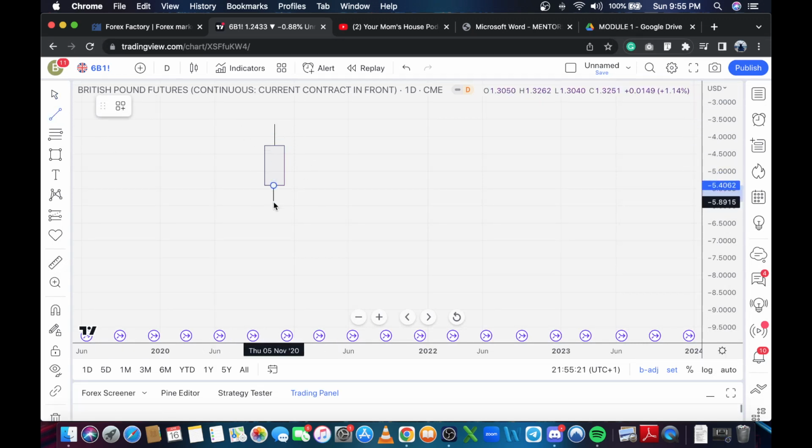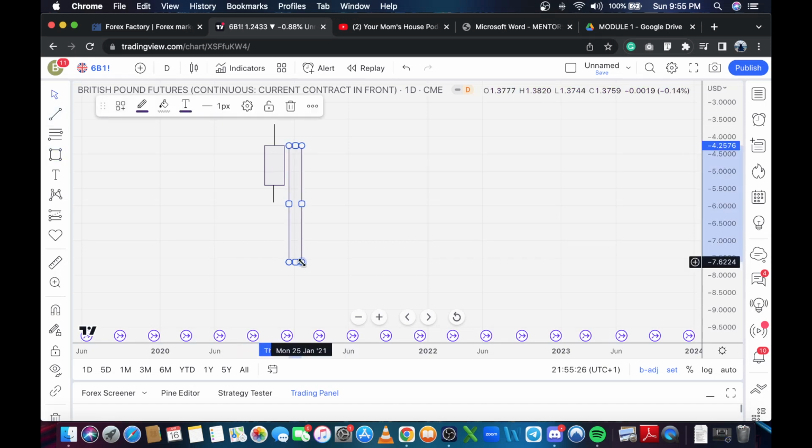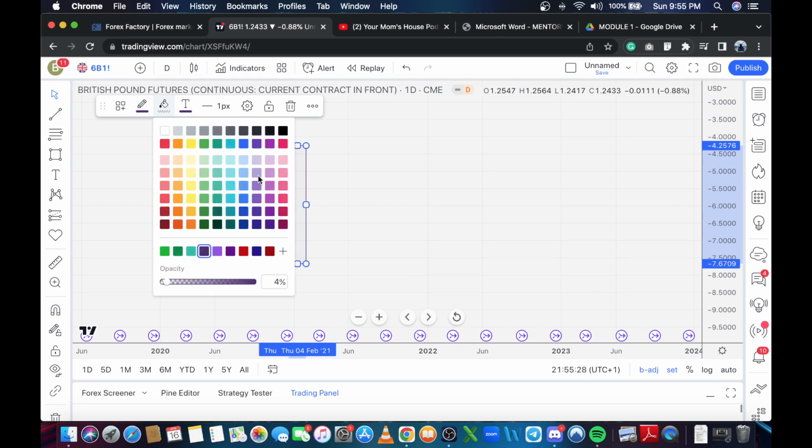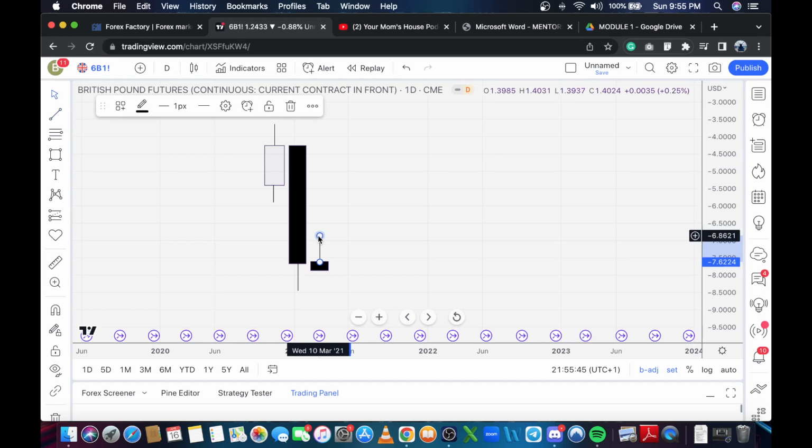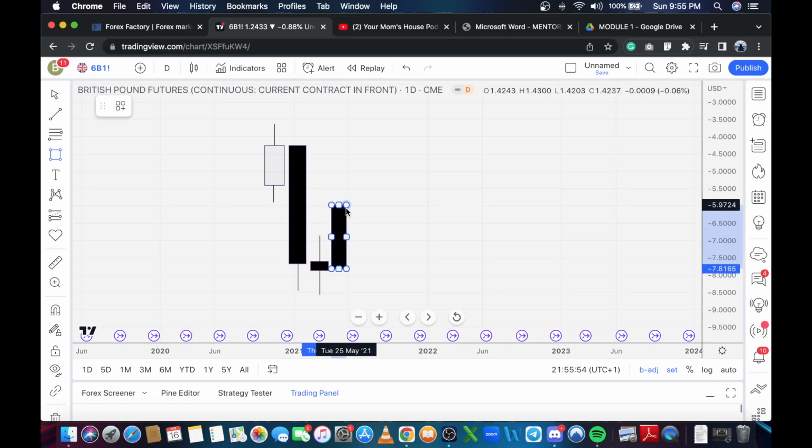Now, when we see the bearish order block, that is followed by displacement in price, and we get the displacement in price. A lot of times, price will return back into that bearish order block. We're going to have to draw this.